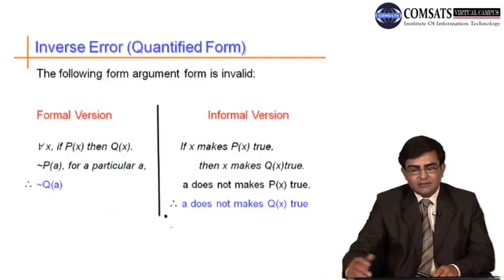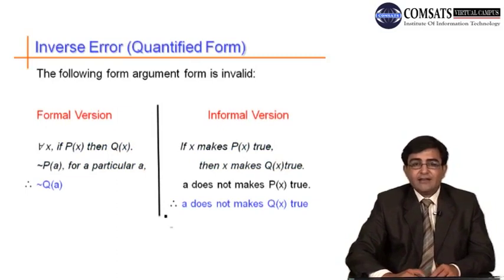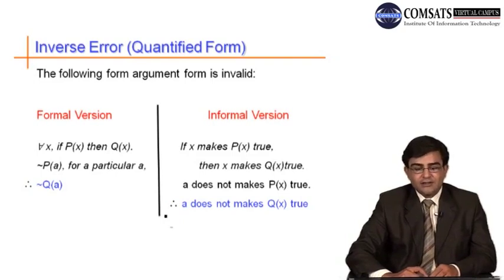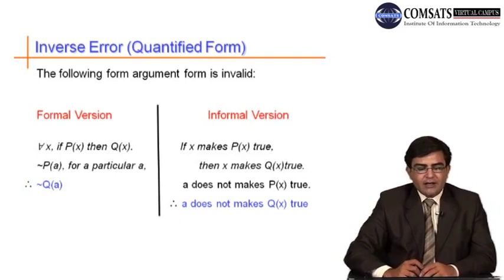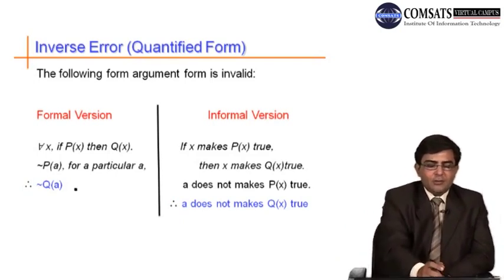Inverse error will be the same as the inverse error we have discussed in the modus tollens. The statement is, for all x, if p of x then q of x, and we say that not p of a is true, then not q of a must be true.